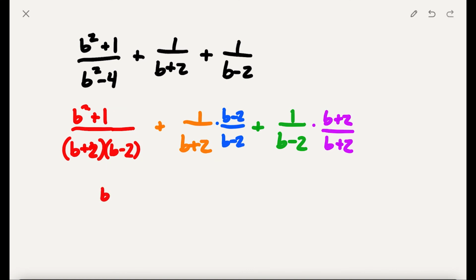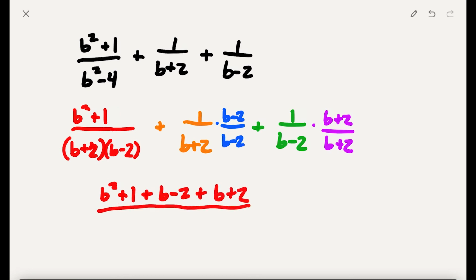So it's going to be b squared plus 1 plus (b minus 2) plus (b plus 2). And then all of this is divided by (b plus 2) times (b minus 2). And you can combine that back if you wanted. Okay.